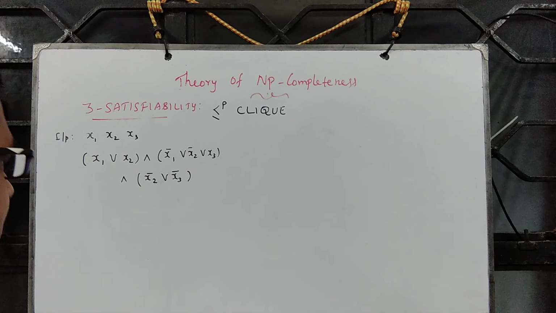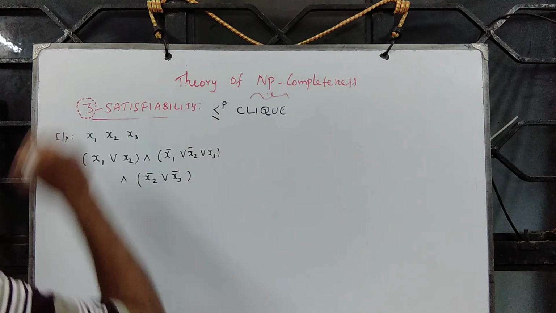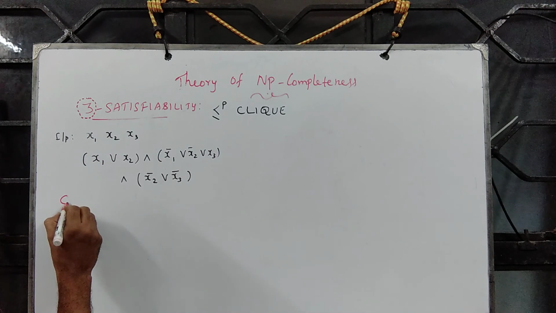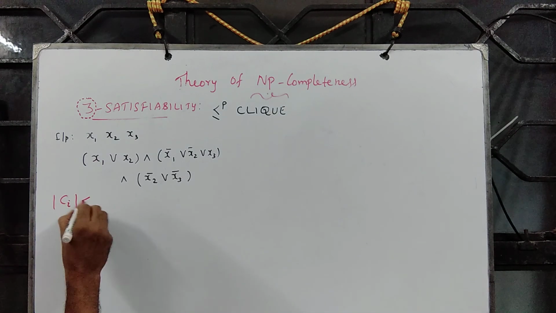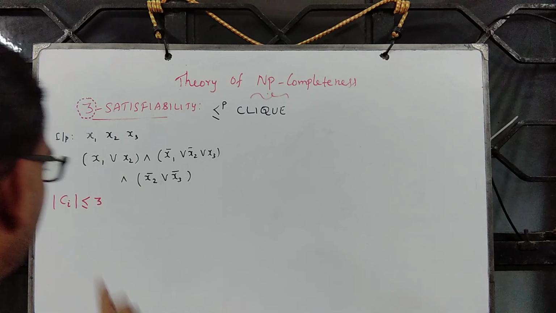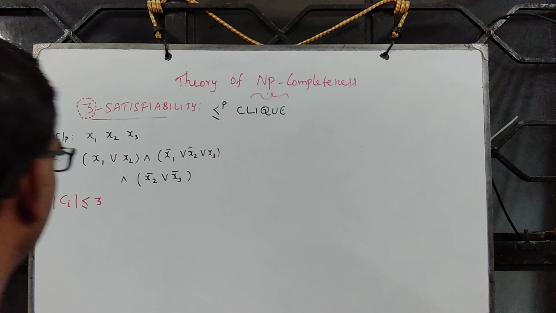Please note, when we say 3 satisfiability, the 3 tells you that the cardinality of each clause is at most 3. Okay, at least 1, at most 3. It could be 1 or 2 or 3.